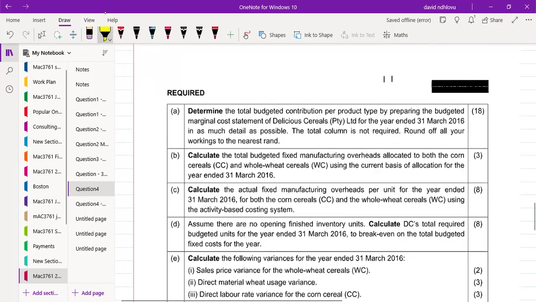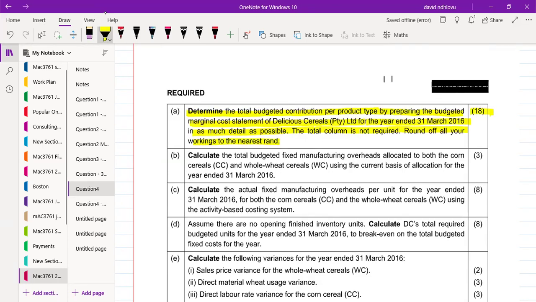In requirement 1, they say determine the total budgeted contribution per unit or per product type by preparing the budgeted marginal costing statement of Delicious Cereals for the year ended 31 March 2016 in as much detail as possible. The total column is not required. Round all your workings to the nearest rand, 18 marks.